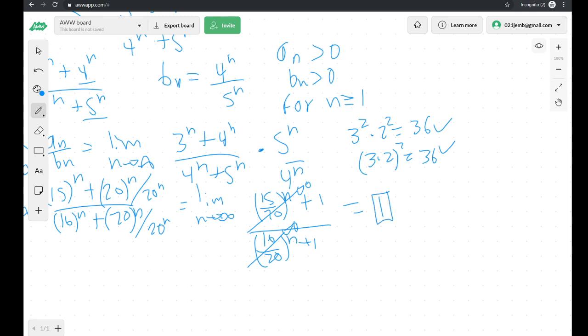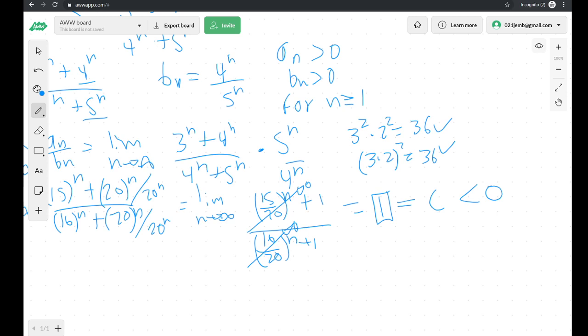And according to the limit comparison test, if the limit of a_n over b_n is some value c that is greater than 0, in which case it's true, 1 is greater than 0, then either a_n and b_n both converge or diverge.